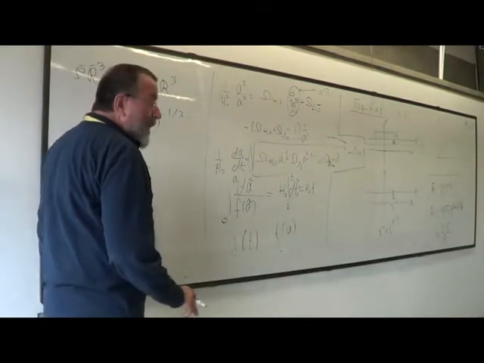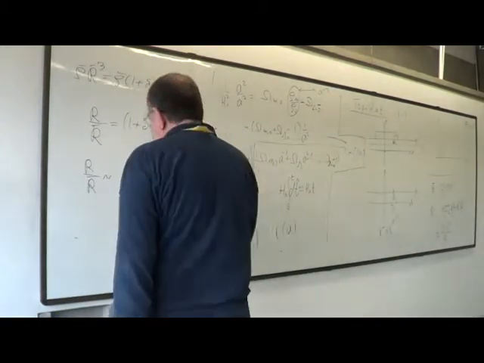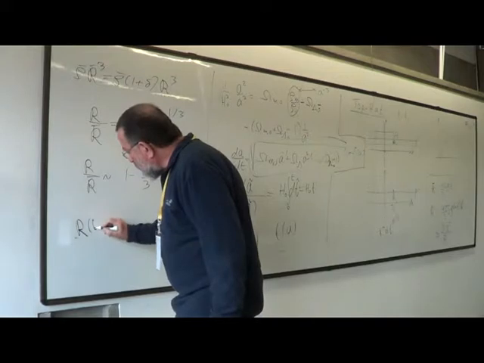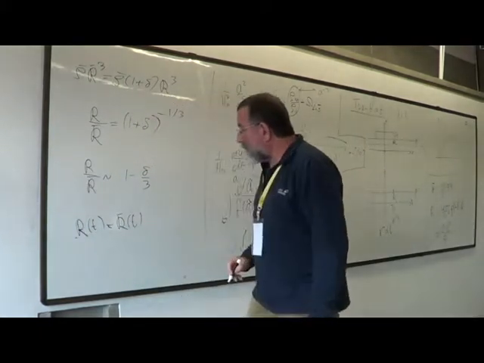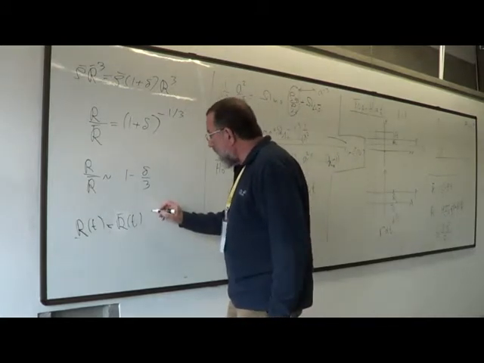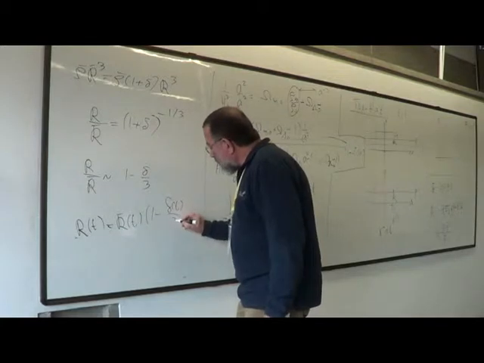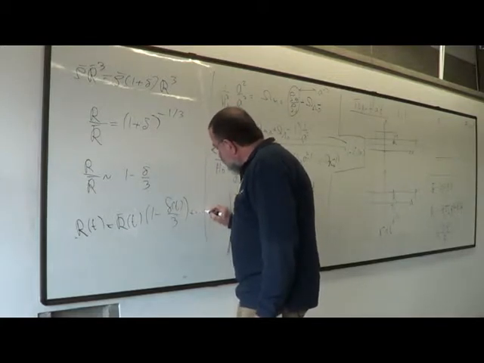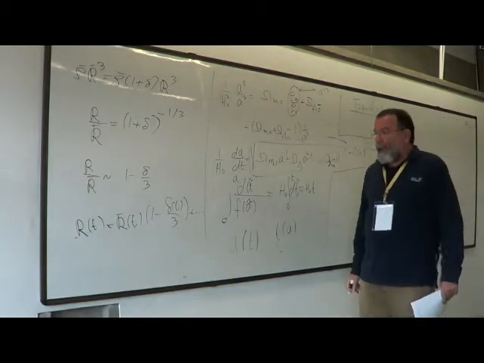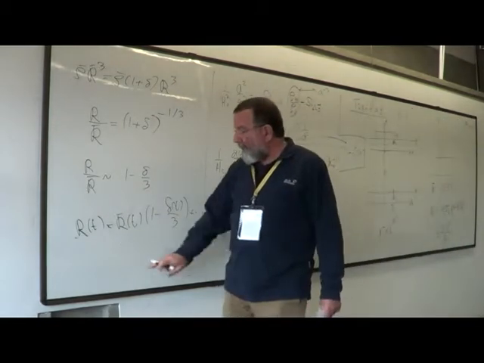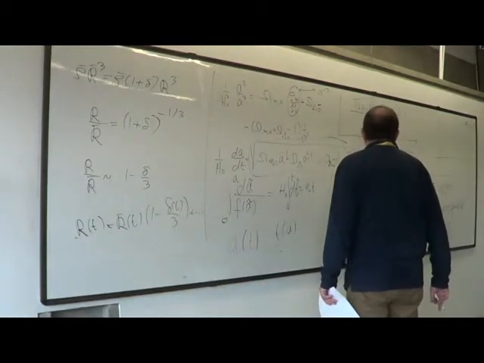Now, what we have to do is the following. If you wish, you can write R of t equals R bar of t, I'm writing it explicitly, times 1 minus delta of t divided by 3 plus higher order terms that I'm forgetting. What I want to do is write down the equation of motion.